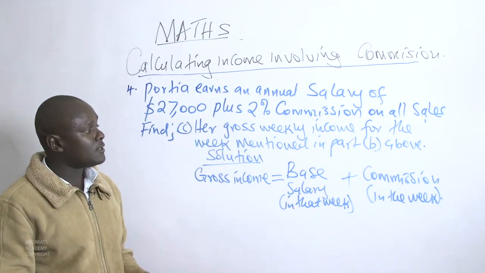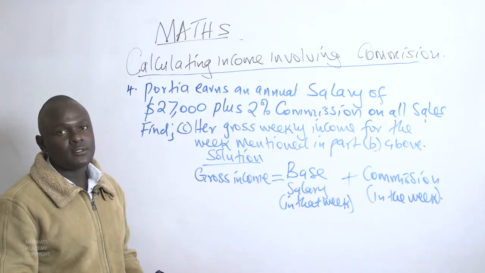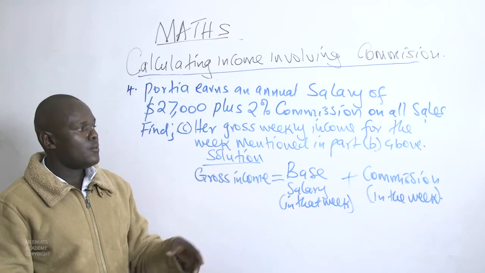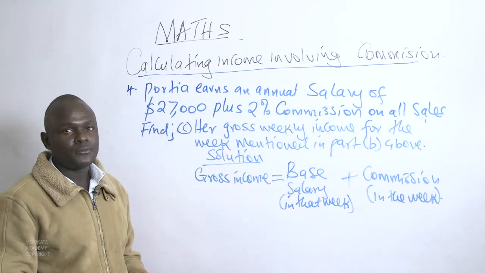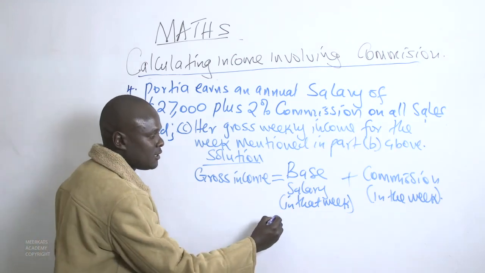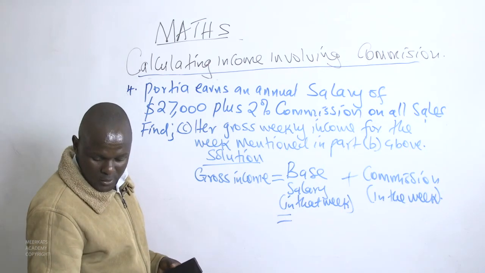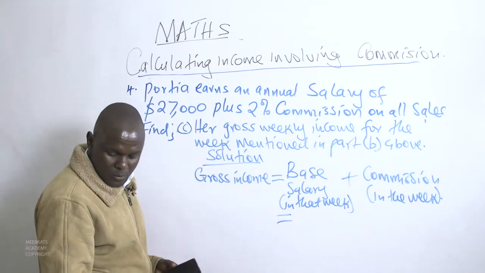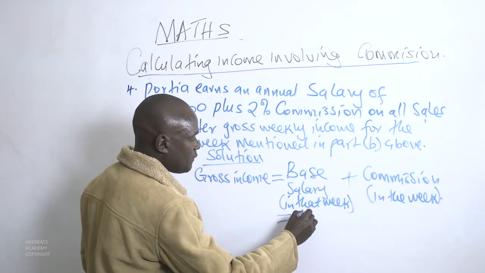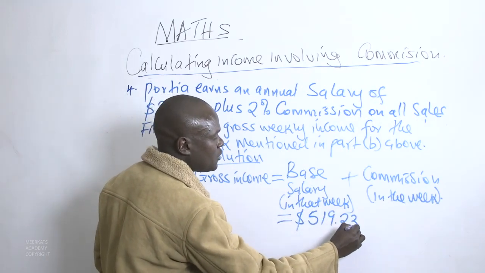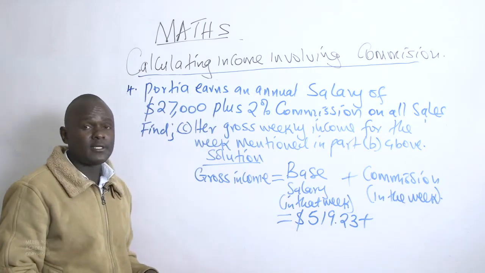We have calculated the base weekly salary, and we have also calculated the commission in that week mentioned in B. So this will basically be addition. The base weekly salary we got was $519.23. I hope you remember that.